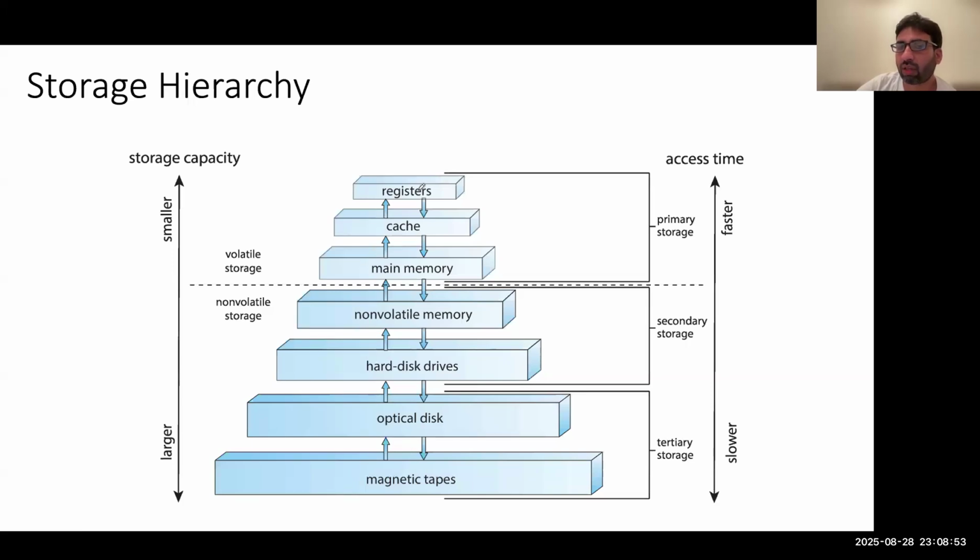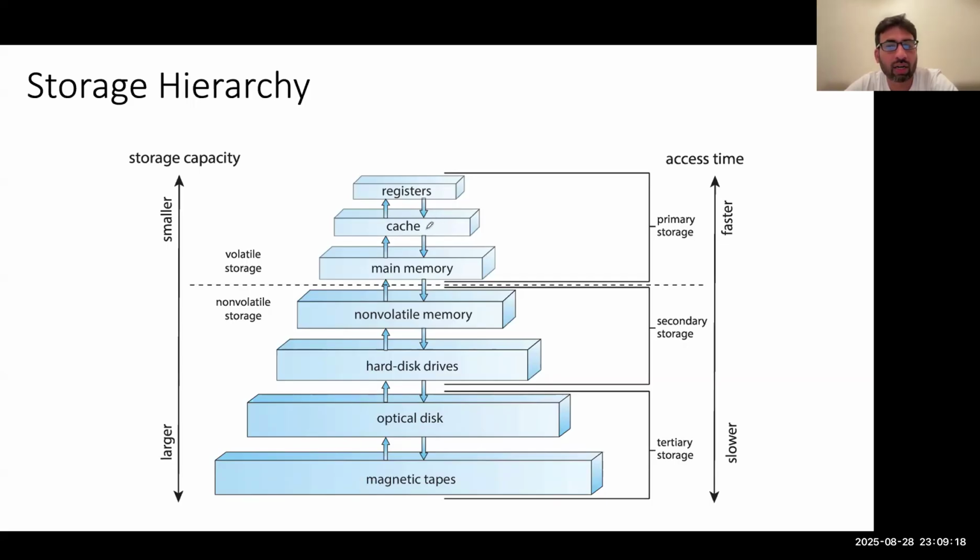But compared with the amount of data you can store in memory, it is like nothing, because in memories you can store gigabytes, terabytes of data, but in one register only 64 bits, or let's say 128 bits. That's it, right?